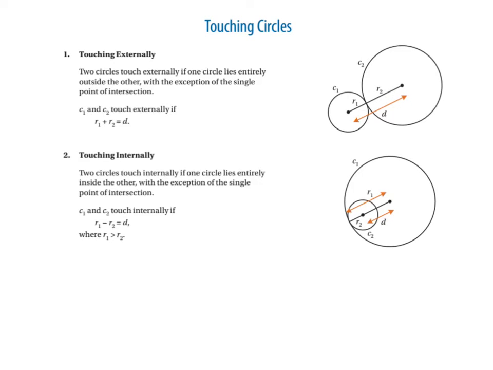And internally, if we take the larger one here, which is R1, so that's the bigger circle, take away R2, which is this. If the distance between the 2 points is equal to R1 take away R2, then that means they are touching internally. Obviously this R1 radius has to be bigger than the R2 radius.